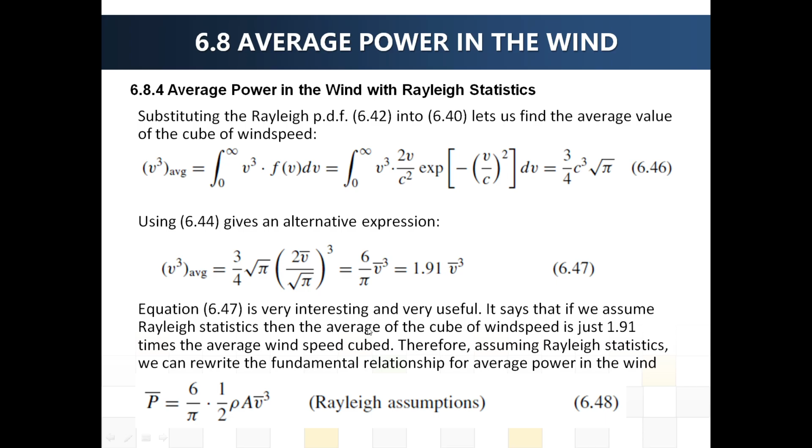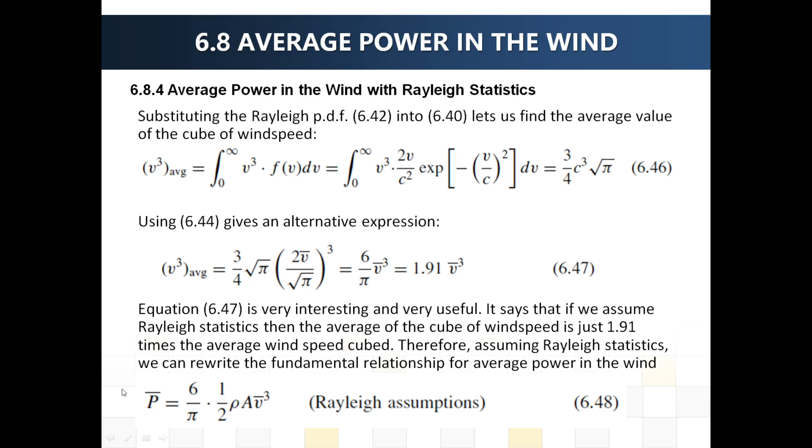Equation 6.47 is very interesting and very useful. It says that if we assume Rayleigh statistics, then the average of the cube of wind speed is equal to 1.91 times the average wind speed cubed. So if we assume Rayleigh statistics, we can rewrite the fundamental relationship for average power in the wind.